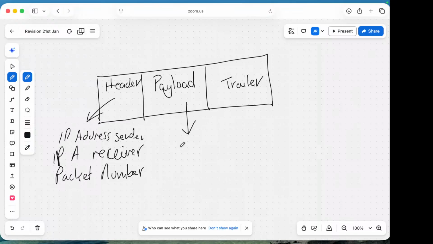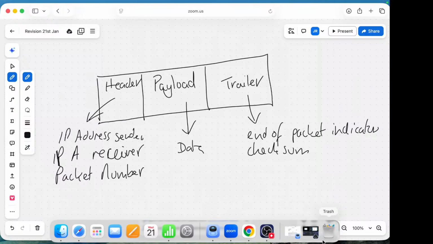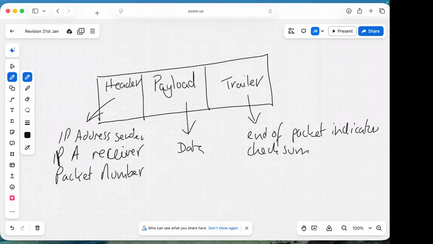Anyway, payload is the actual data that we're sending, and the trailer basically has an end of packet indicator. And also it has the checksum. And we won't go into checksum now, but it will come up, I'm sure, very shortly because they love asking about it. Okay, that's data packets.